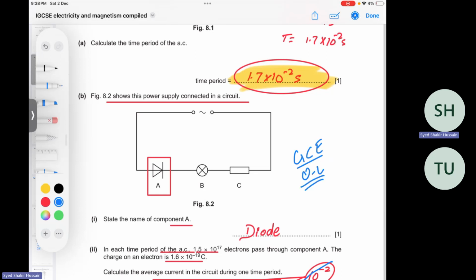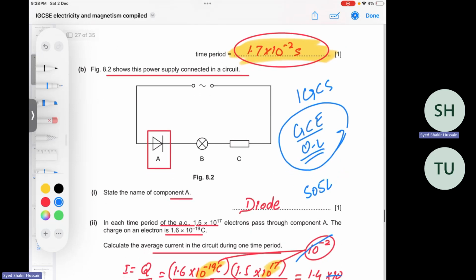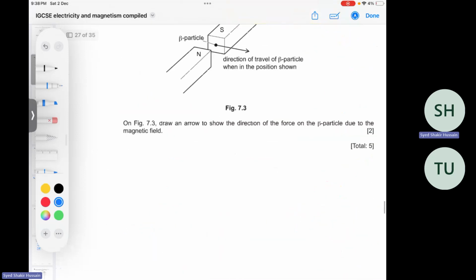This is the paper that students give in Pakistan. Students give IGCSE too, but students in Pakistan mostly appear for GCE, which has the code 5054. Thanks to God you did not know about this code previously, because when I practice papers from 5054 with my students and they know that this is not the IGCSE code, they ask, sir, why are you not making us do questions of our board? So this is the reason you find these questions so easy now.